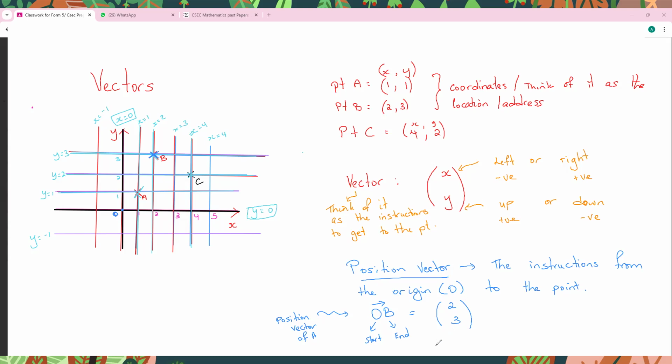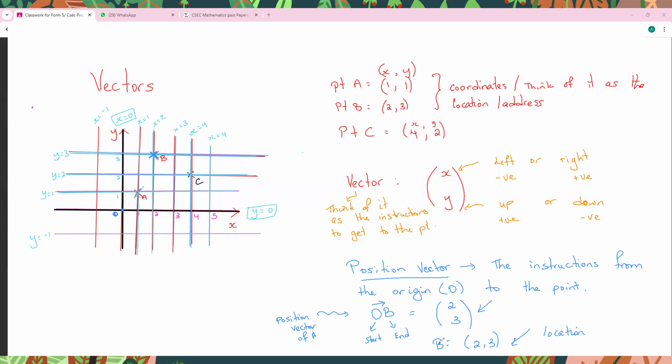So just to remind you, B in the form of (2, 3), like this, that's the location, that's the address. OB in the form like this, that's the instructions.